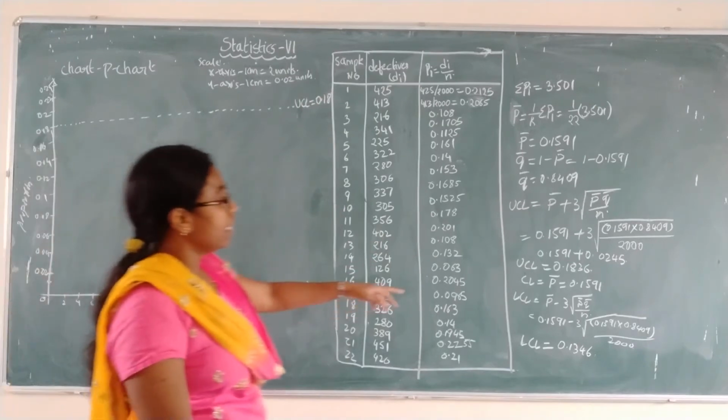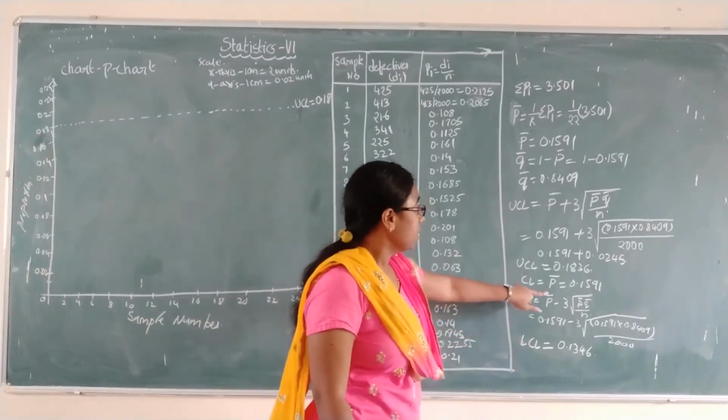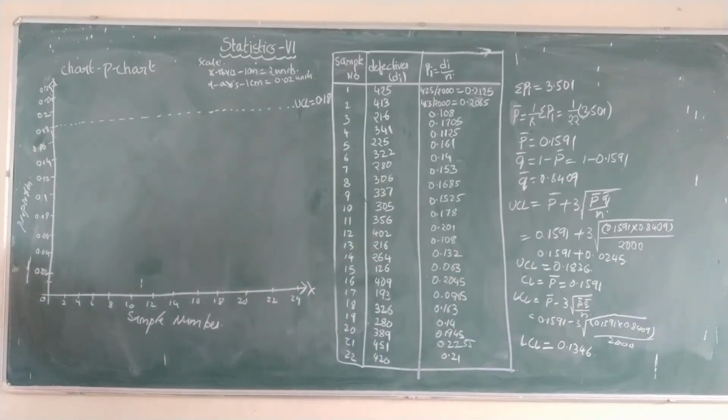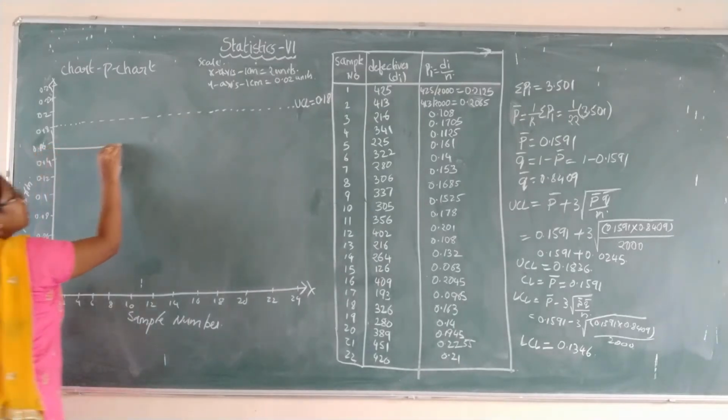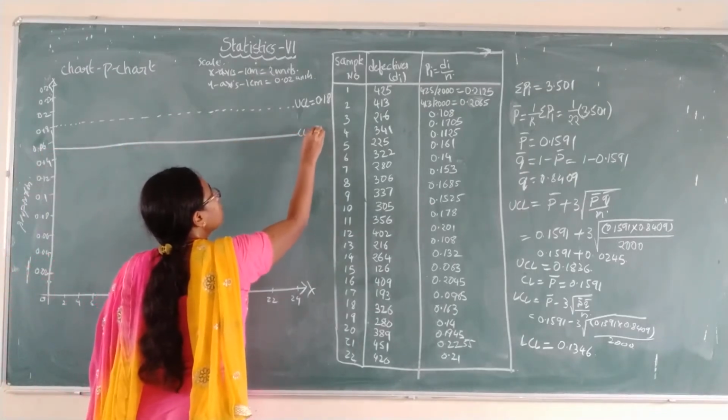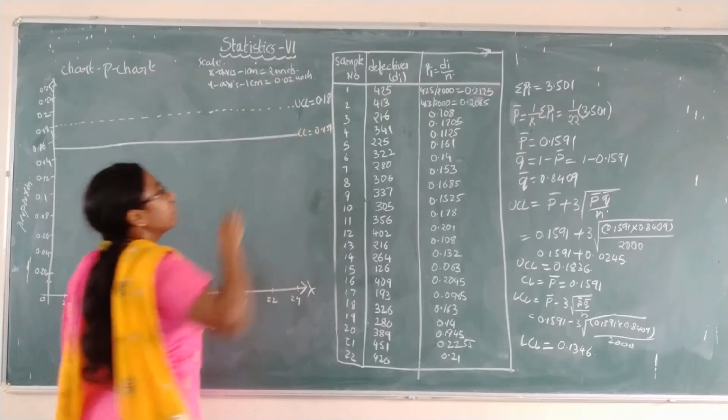CL value is 0.159, which is almost 0.16, so draw CL at 0.16. CL is always a dark line. CL equals 0.159.